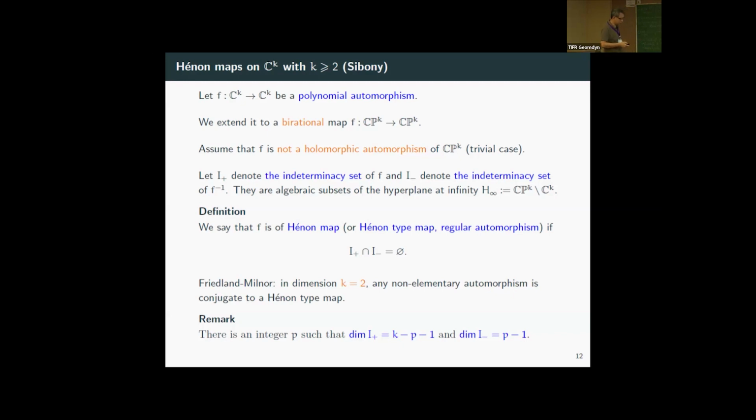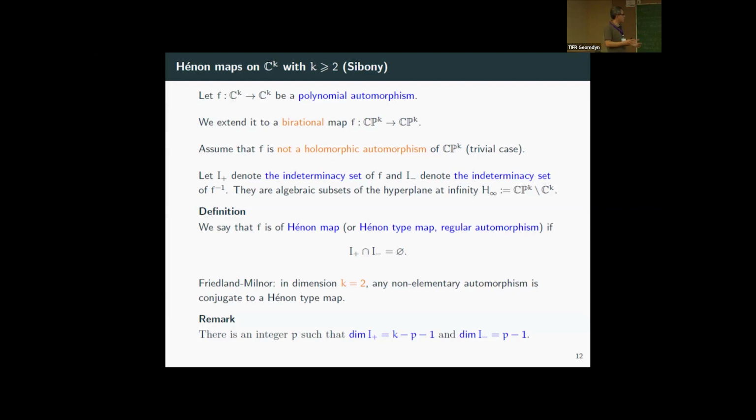So let me introduce this here. You consider an automorphism F from CK to CK, a polynomial automorphism, and then you extend it to the simplest compactification of CK, which is PK, the complex projective space, similar to the case of dimension 2. You glue something at infinity and it looks like a sphere, a complex sphere or something like that.